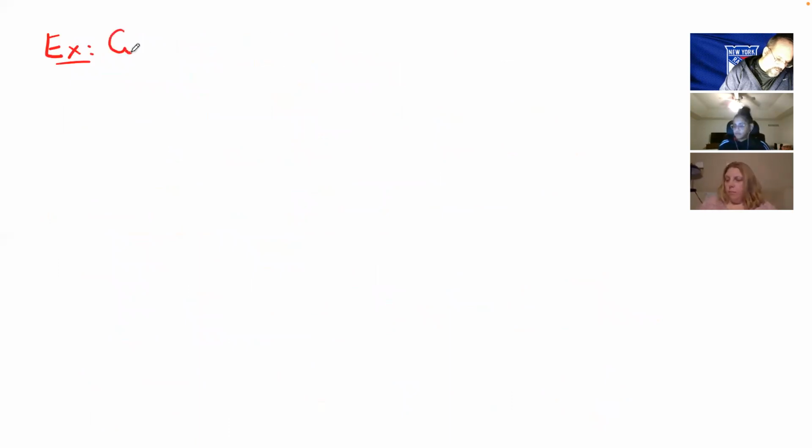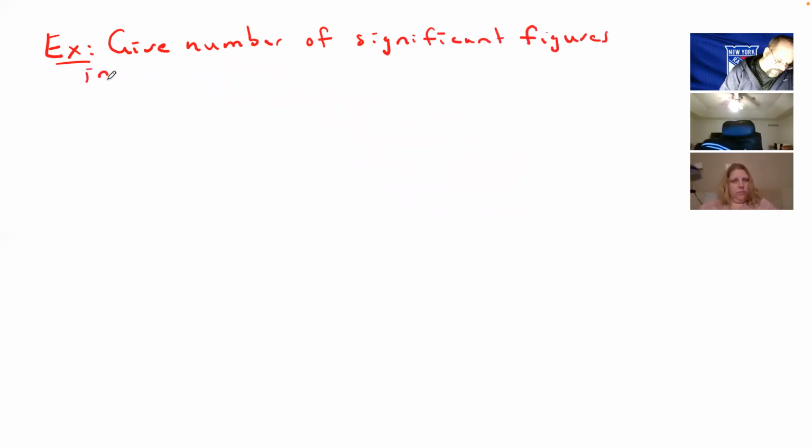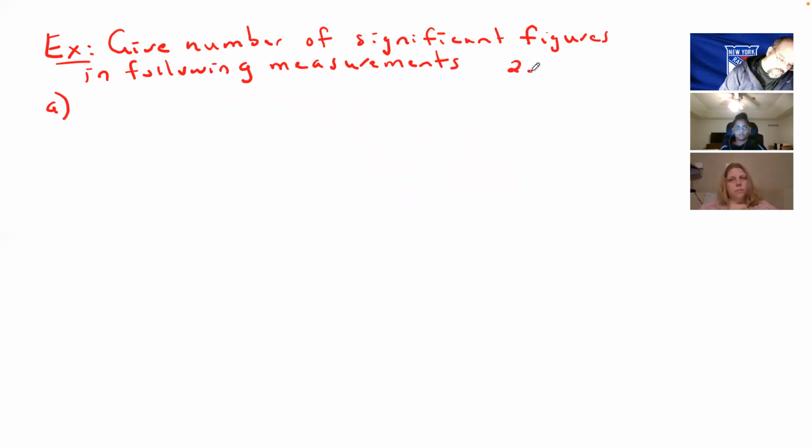What we want to do here is give the number of significant figures in the following measurements, and indicate the zeros. This is problem 10 in chapter 2.